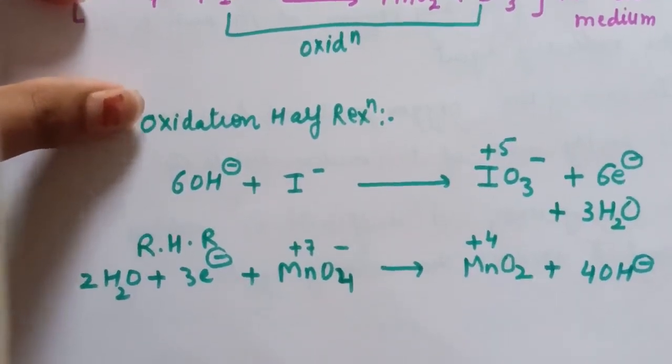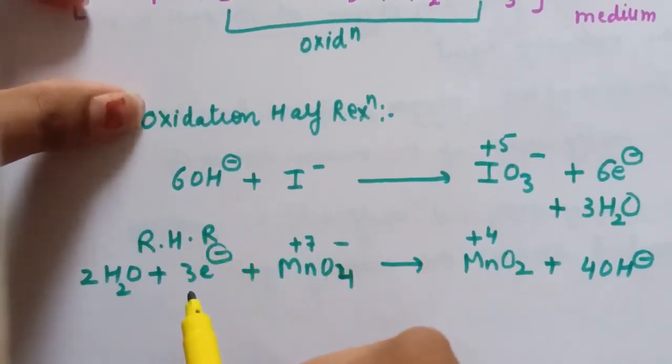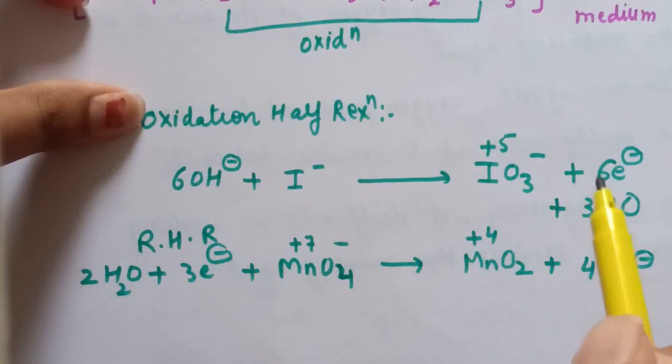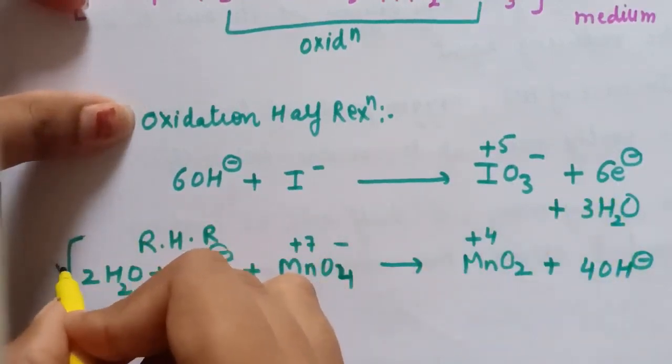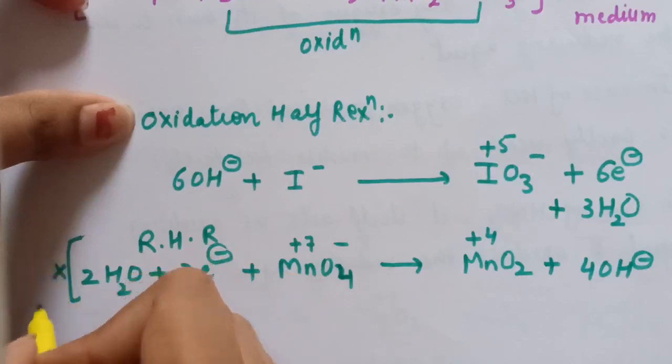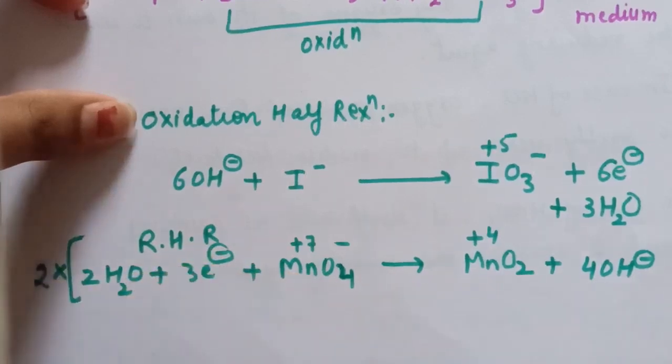Now in the reduction half reaction we have 3 electrons, and in the oxidation half reaction we have 6 electrons. So we will multiply this equation by 2.